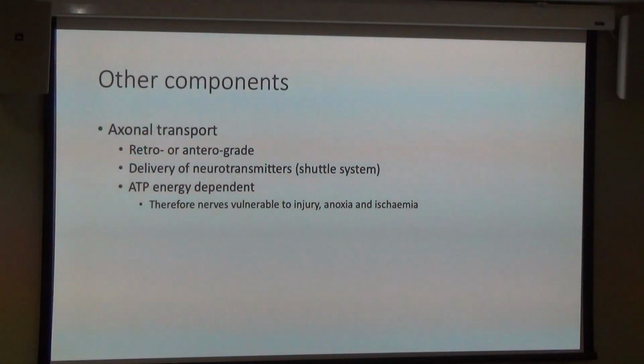Axonal transport, so transport within the cell body and within the axon, is really important, because how else do you get all your acetylcholine or neurotransmitters down to the end? They run a shuttle service, like a bus service, going back and forth from the cell body. What's a cell body?